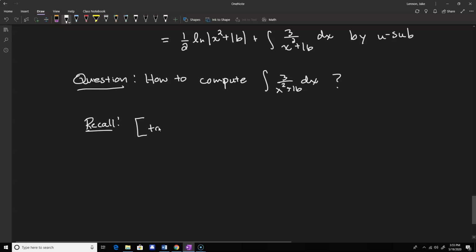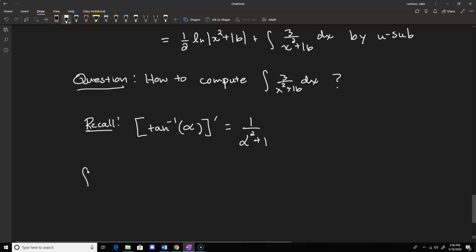If you take the derivative of the inverse tangent of some algebraic expression, let's say alpha, it's going to be 1 over alpha squared plus 1. So that formula is going to come into play. Basically, we're going to use algebra and this derivative formula to figure out the answer to that question above.